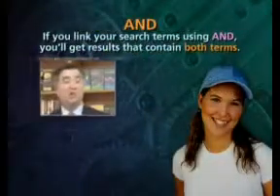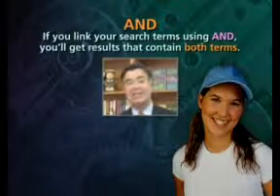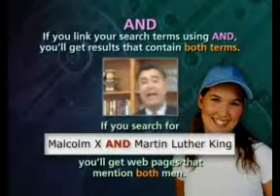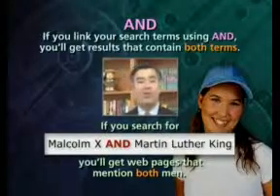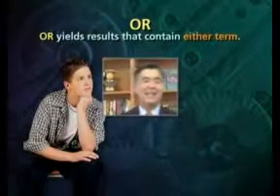Now, if you link your search terms using the operator and, you'll get search results that contain both terms. For example, if you search for Malcolm X and Martin Luther King, you'll get web pages that mention both men. The operator or yields results that contain either term.